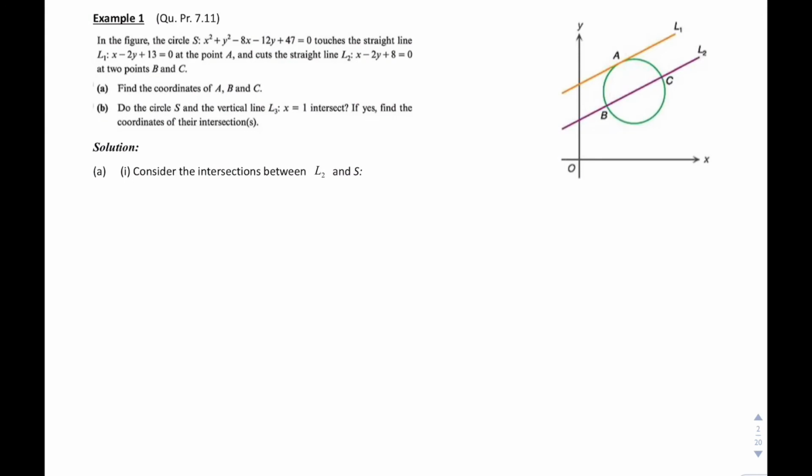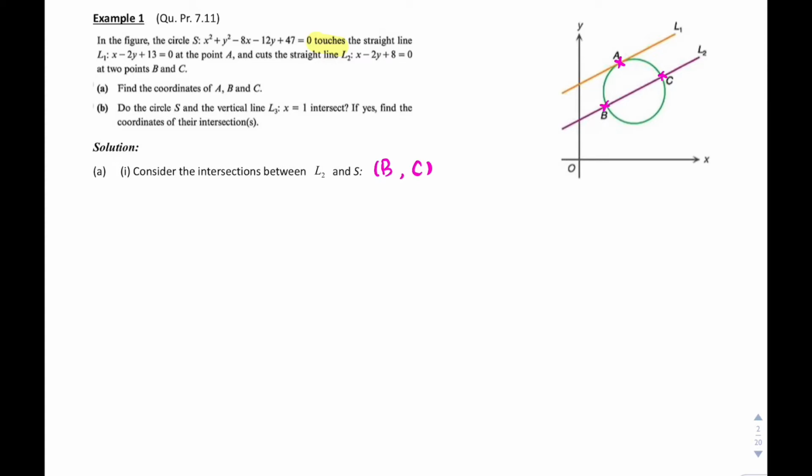Example 1, quick practice 7.11. In this figure, you have the circle S touching the straight line L1 at the point A and cutting the straight line L2 at 2 points B and C. And you have to find the coordinates of A, B, and C. So here, first, let's consider the intersections between L2 and S. That means we try to find the coordinates of B and C, the two intersecting points.